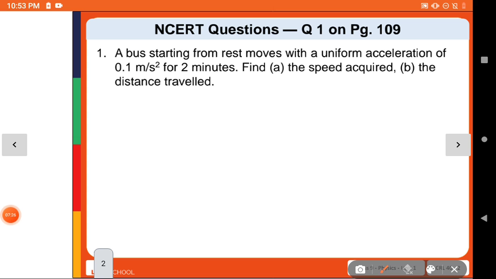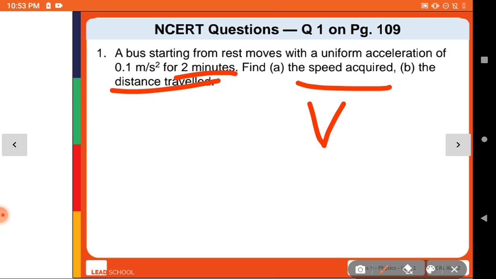In this numerical we are given acceleration, 0.1 meter per second square, and time, 2 minutes. We calculate the speed, which means we calculate v, and in the second part we calculate the displacement or distance, which is s.